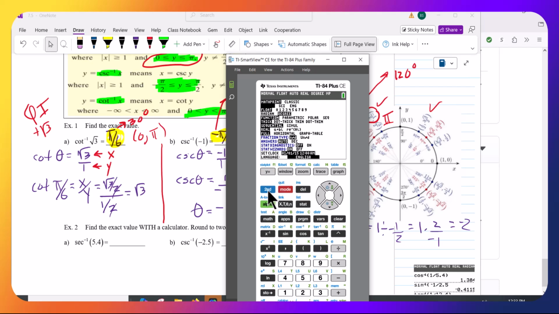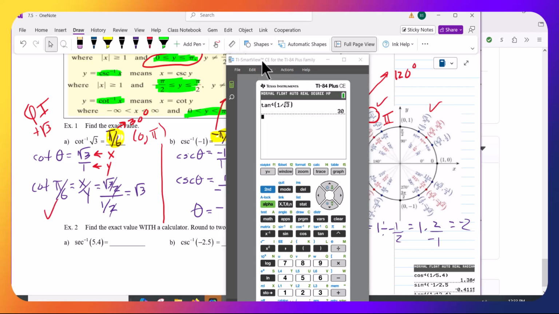You don't have an inverse cotangent key, but you do have an inverse tangent key. And we know the tangent is the reciprocal of the cotangent. So you can go second tangent to get inverse tangent to come up, but then you don't put in square root of 3, you put in the reciprocal of square root of 3, like that. And now let's see if that gives us pi over 6. It'll give you 30 degrees because my calculator is in degree mode. So see, that is how you can check and verify that answer.